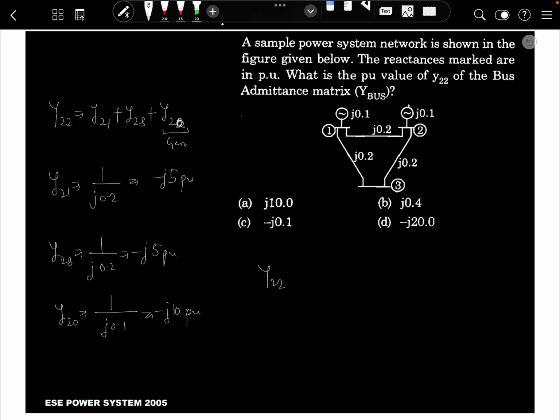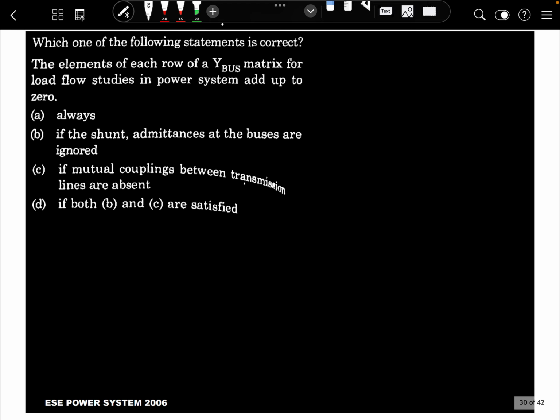So total Y22 is equal to minus j5 plus minus j5, then again minus j10, it gives you minus j20 per unit. So option D is correct here.